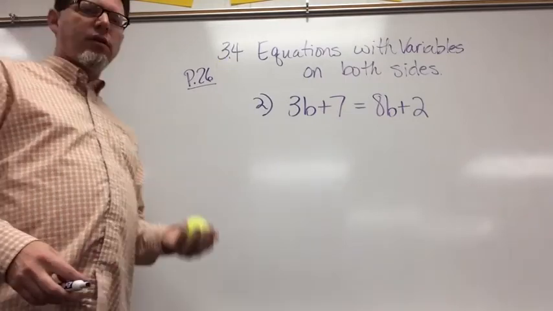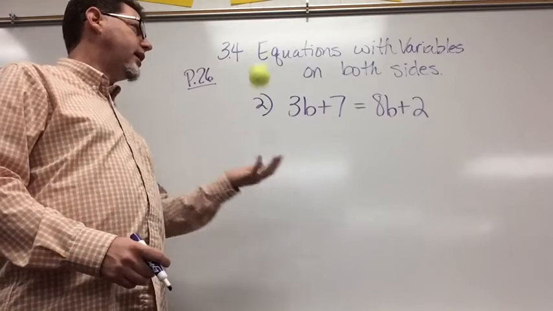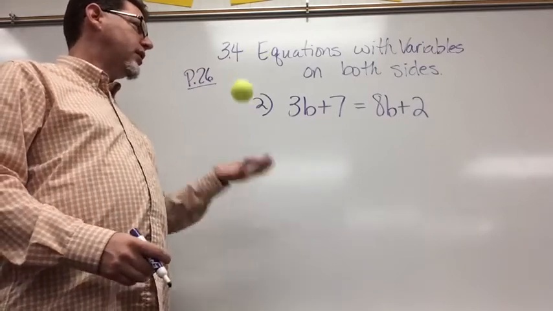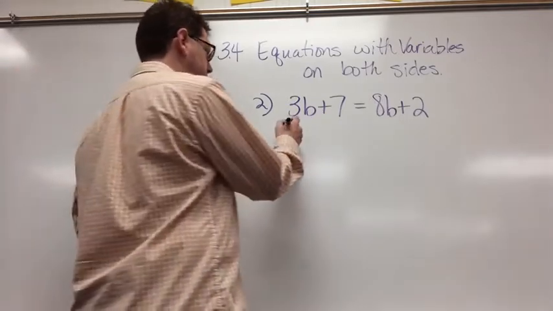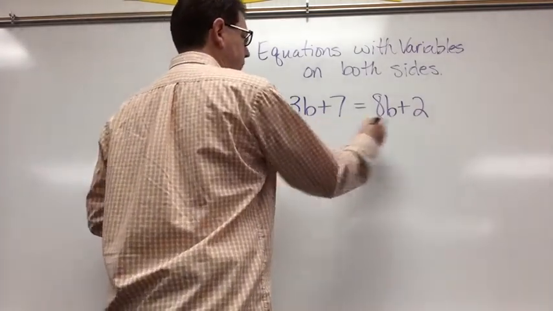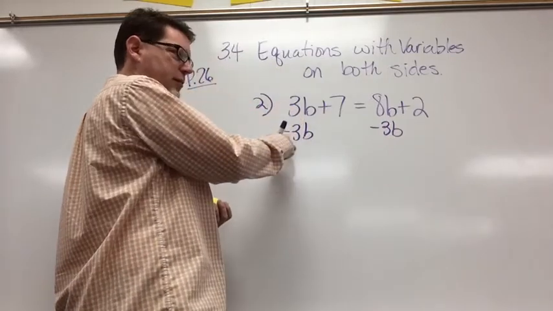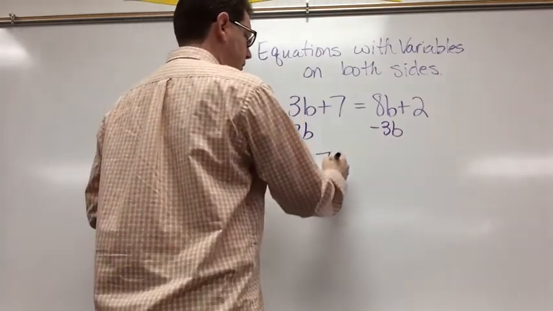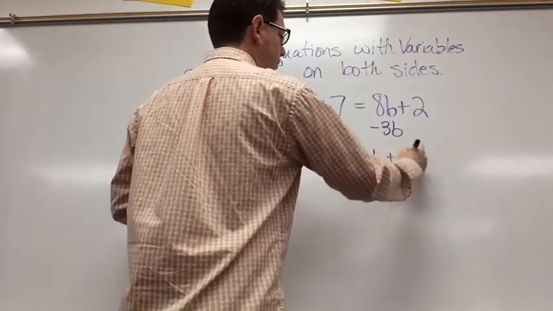So once again, I want to look for my largest variable, and that happens to be 8b. So I'm going to keep 8b where it is, and I'm going to move the 3b. So I'm going to subtract 3b from both sides, because it's positive over here, so I need to subtract it. And that ends me with 7 equals 5b plus 2.